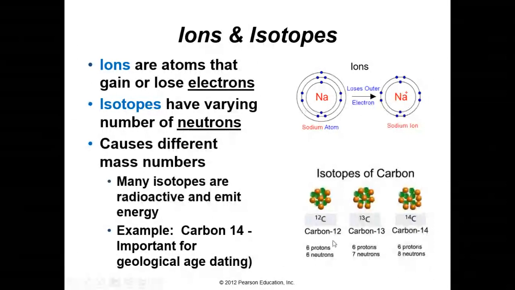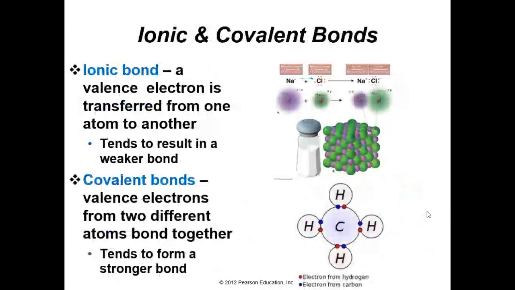We're going to see how many 12 isotopes there are, how many 13, and how many 14 there are. We're going to compare that based on what we know from that environment during that specific time in the past. So I'm going to put a bookmark in that for right now, and just know that isotopes are used for radioactive dating. Then we'll pick it back up when we get to it.